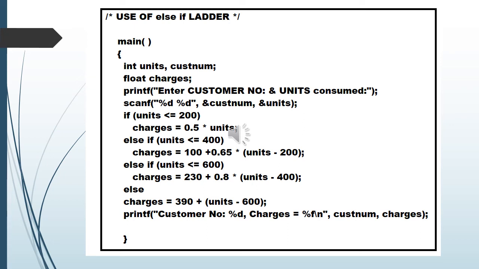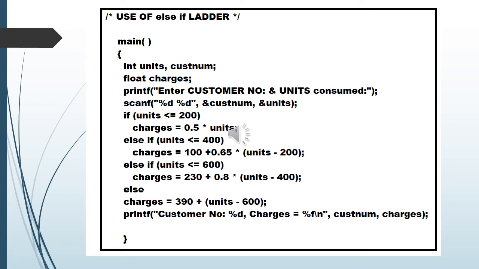First it is not true, so it will come to the second part. Because 350 is greater than 200, it will come to the else if part. 350 is less than or equal to 400, so this condition is true, and it will come to the next statement, charges is equal to 100 plus 0.65 into units minus 200.